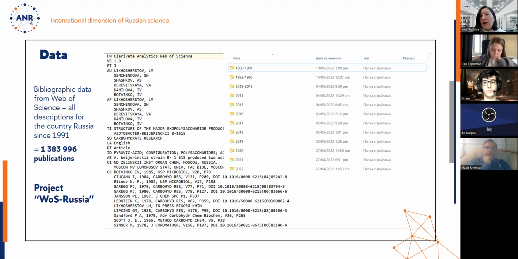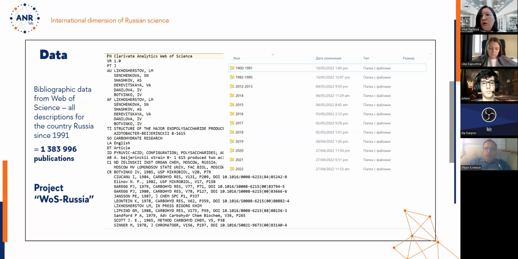Here we had separate files because from Web of Science we have the opportunity to download just in small chunks. And this extensive data set covered all the necessary bibliographic data fields, including cited references for quite an extensive period of time, starting from the disintegration of the Soviet Union and up to spring 2022, so up to May.